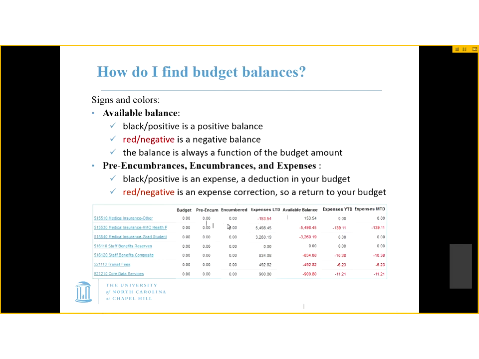So this $5,498 and 45 cents means I'm out that money. It's hit my budget balance. My budget is now less, this much. If you see a red negative in the expenses column, it basically means that it's like a reversal of an expense. I have, in this case, $153.54 that has been put back on my expenses, basically, is how to read that, okay?